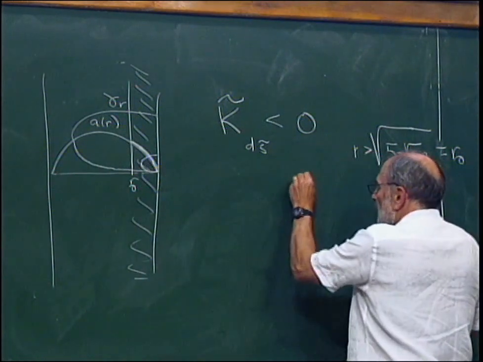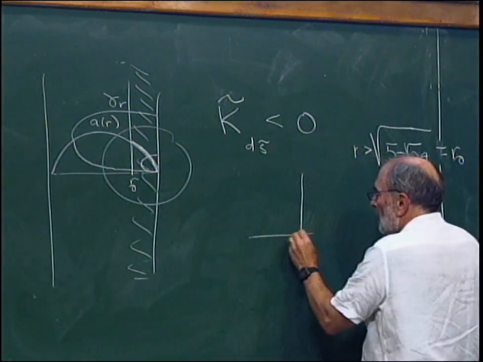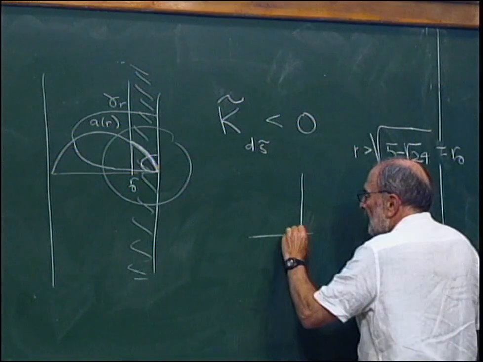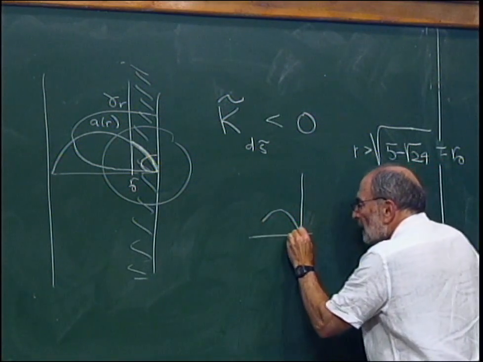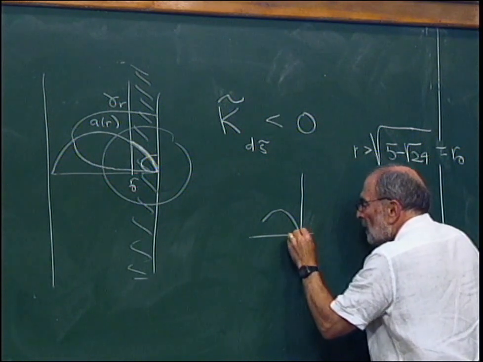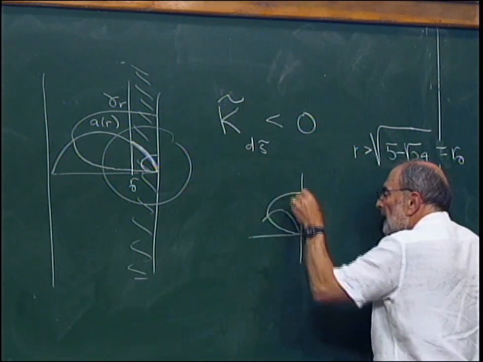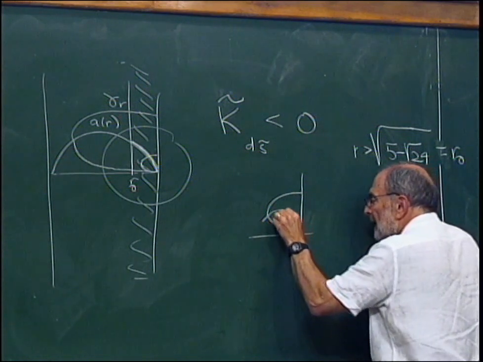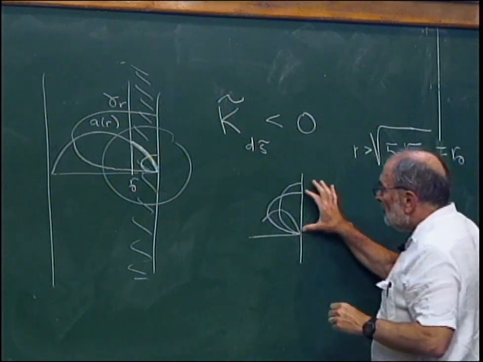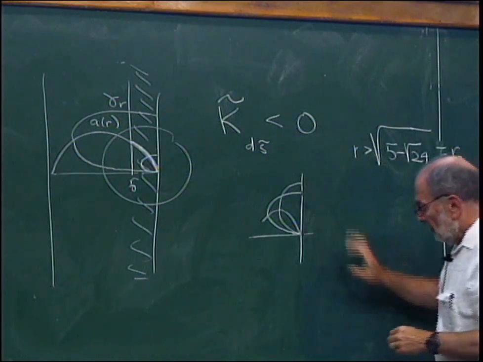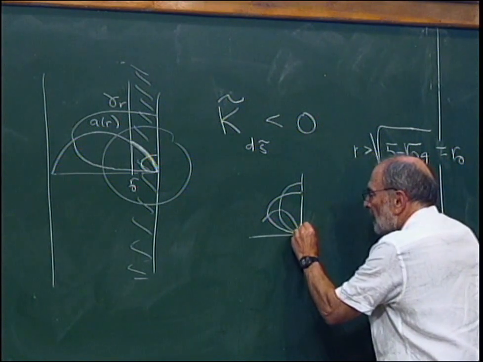Let me draw that picture here in detail. Let's say A looked like that. Then I'd have a geodesic that went like this, and another geodesic that went like this. Now, vertical translation is an isometry, so I'm going to take this geodesic and translate it up a little.